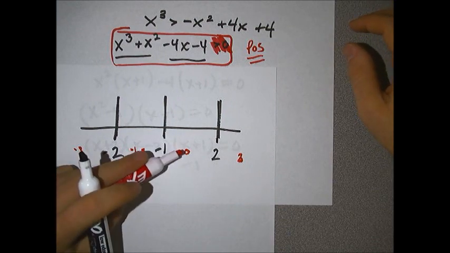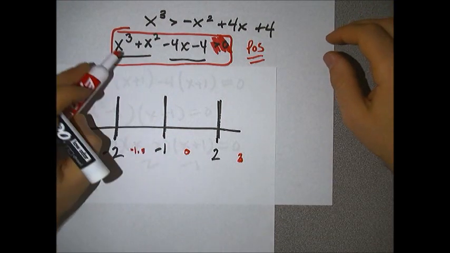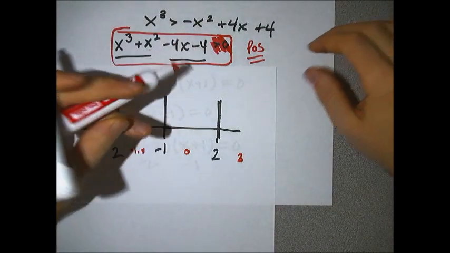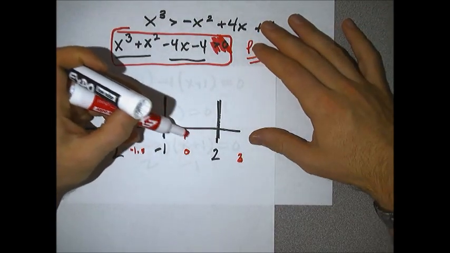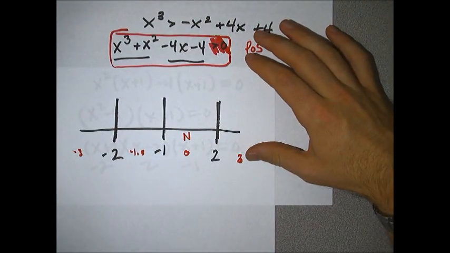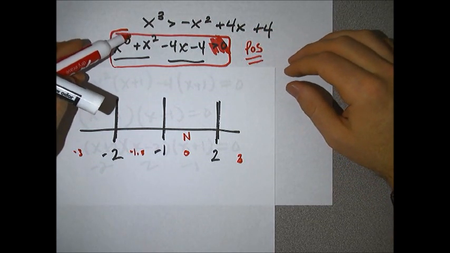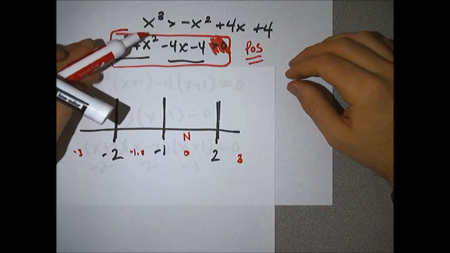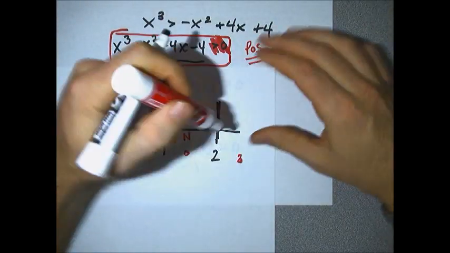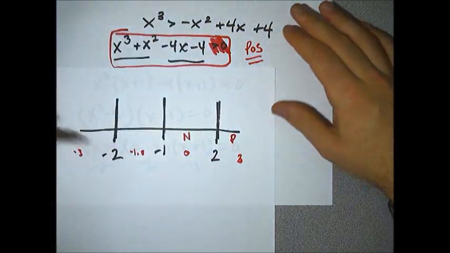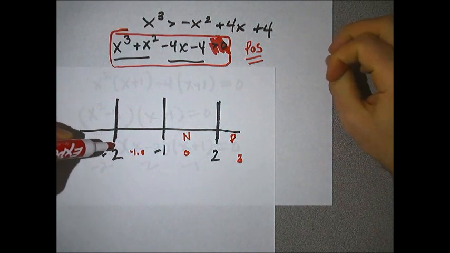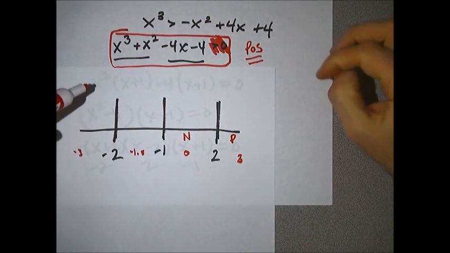Okay, so if I plug in 0, what do I get? 0, 0, 0. I end up with a negative. If I plug in 3, what do I end up with? 3 squared is 27. And the 9, subtract, that's not going to be enough. So that's going to be positive. How about over here? Negative 1.5.